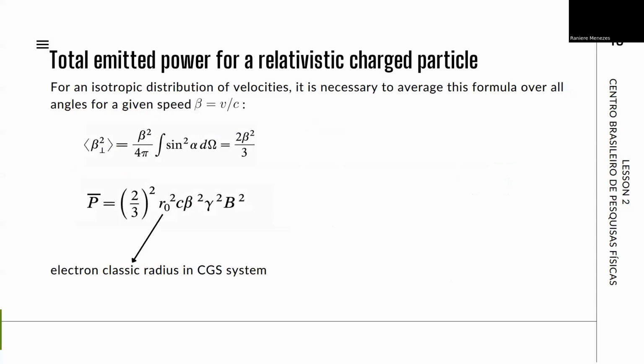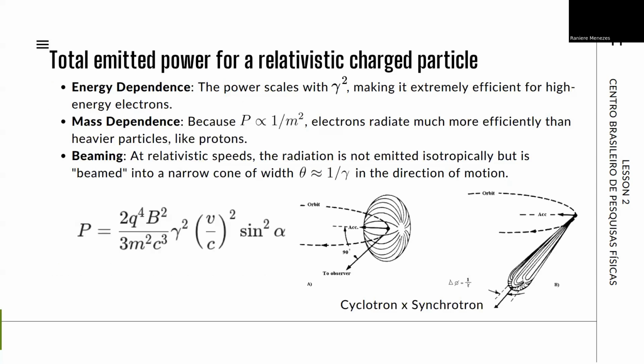So for an isotropic distribution of velocities, we can simply integrate. This is beta, the beta we use in relative terms, so v over c. So we have beta squared sin squared alpha.